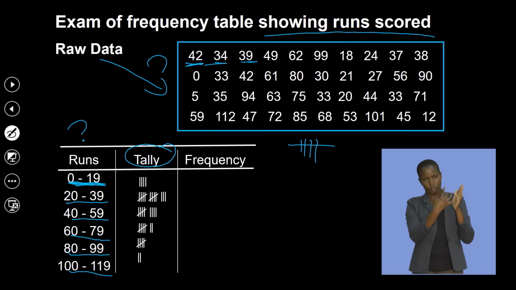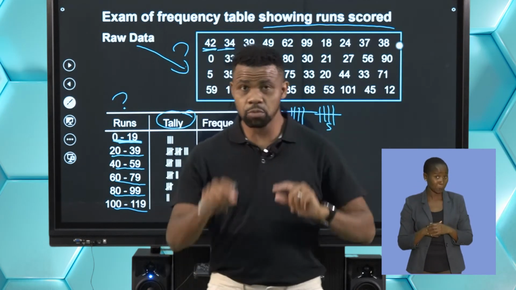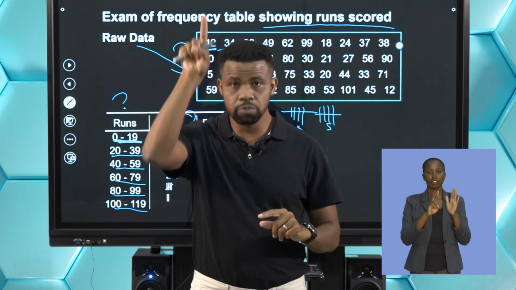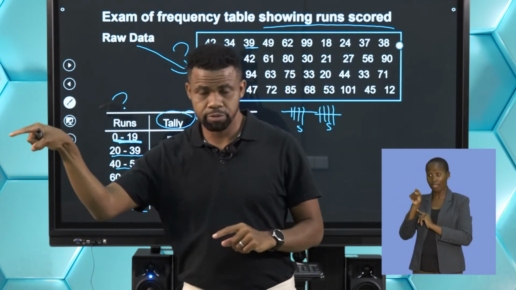If I put a line across like that, that means 5. Are we all together? How will we represent 10 in tallies? It will be 1, 2, 3, 4, 5, and another 5, because this is 5 and 5. That makes sense. So we represent 1 with a line, 2 with another line, 3 with another line, and 4, then for 5 we just cross it.